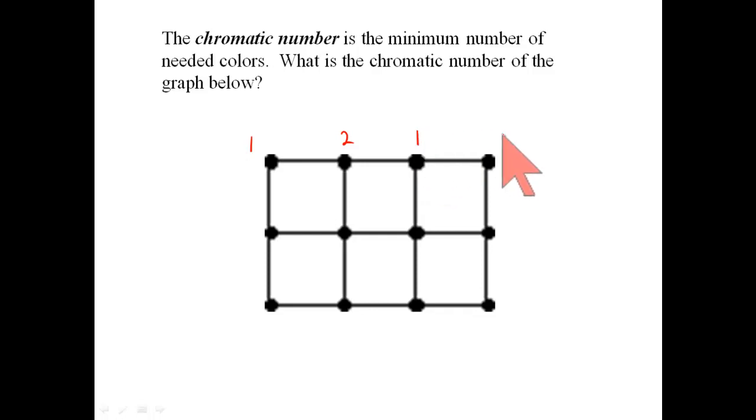So 1, 2, 2, 1, 2, 1. Oh, I think I see a pattern going on here. 1, 2, 1, 2. And notice that no two adjacent vertices are the same color. So even though this graph has quite a few vertices, in fact, only 2 colors are needed, and this graph has chromatic number 2.